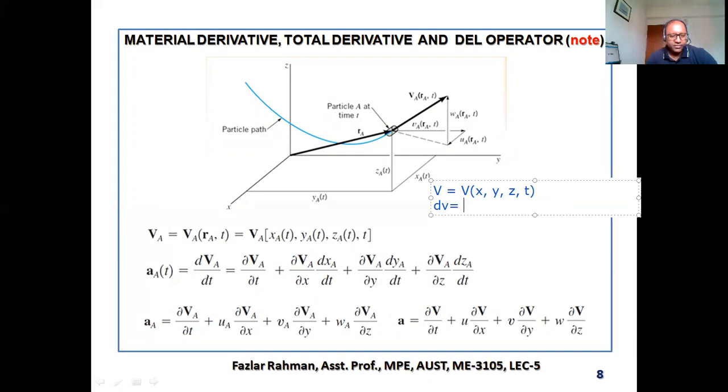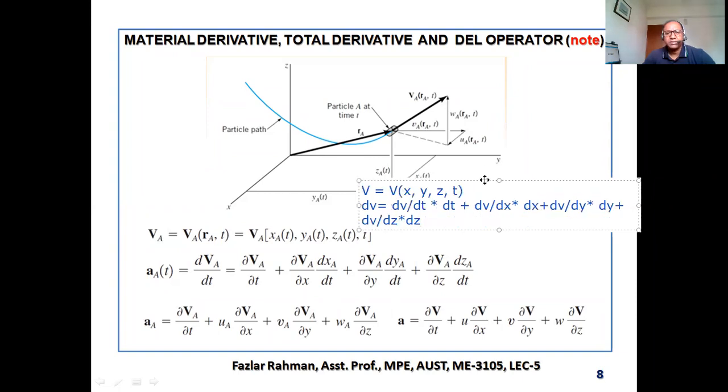You can say dV divided by dt times dt, plus dV divided by dx times dx, plus dV divided by dy times dy, then dV by dz times dz. That is what you learn from the mathematics class.